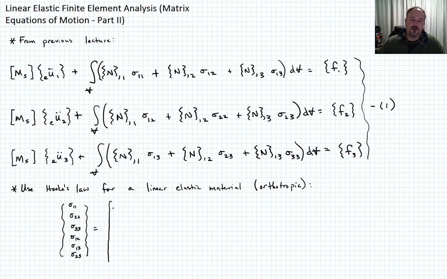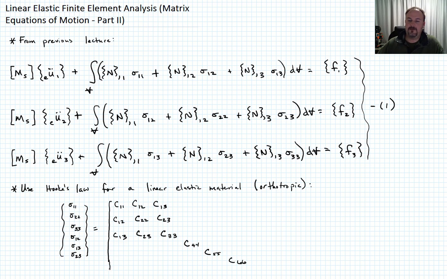Okay, and then this is our stiffness matrix C, and so in an orthotropic material, we'll have C11, C12, C13. It's symmetric, so this is also C12, C22, C23, C13, C23, and C33. And then I will write down here C44, C55, and then C66.